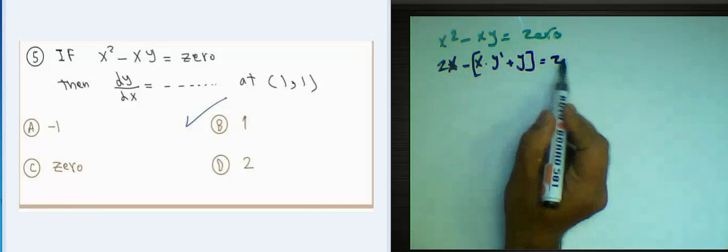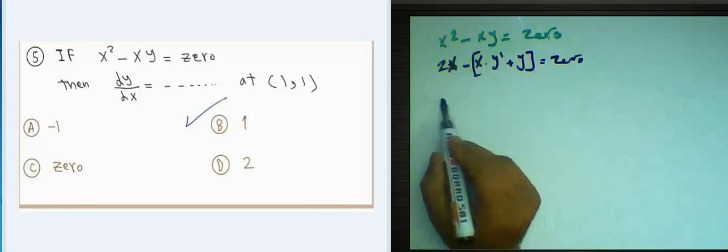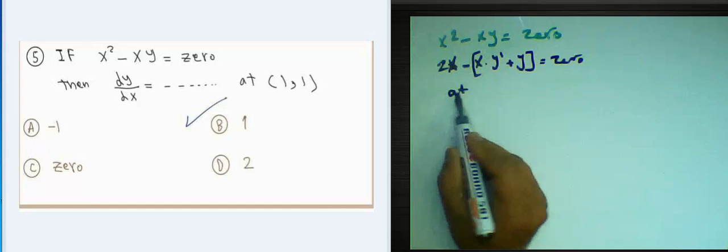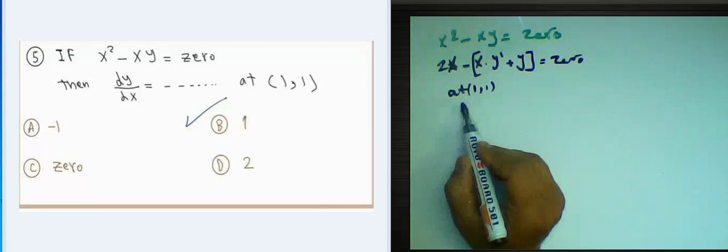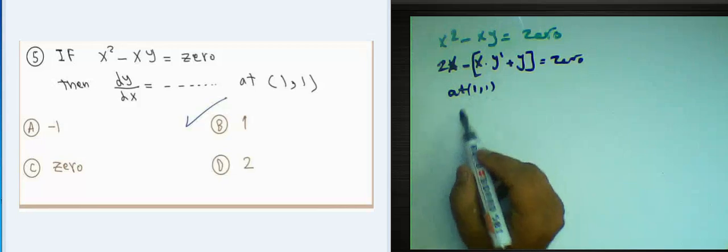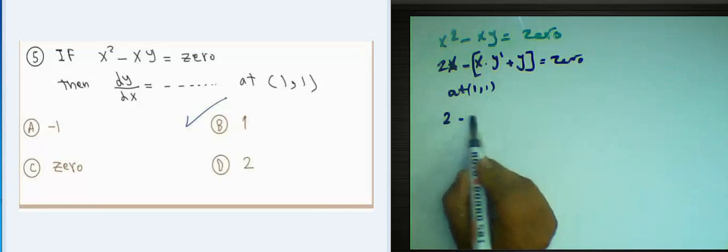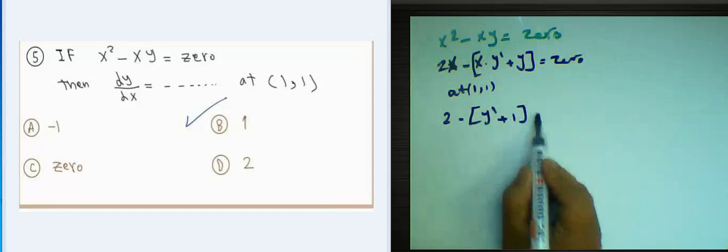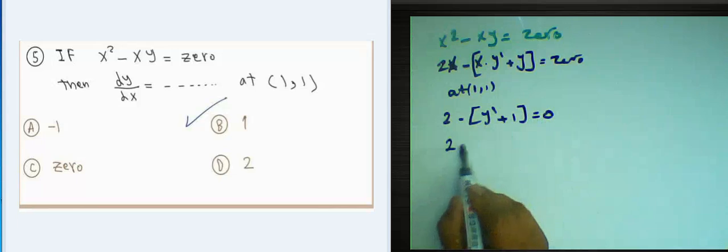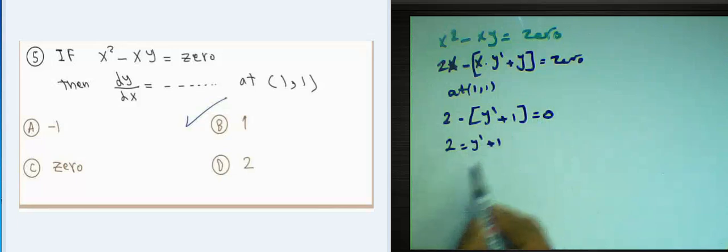The result here will be 0. At the point 1 and 1, we can find y dash here, put x equal 1, it will be 2, subtract y dash plus 1 equal 0, then 2 equal y dash plus 1, then y dash will be 1. Choose letter B.